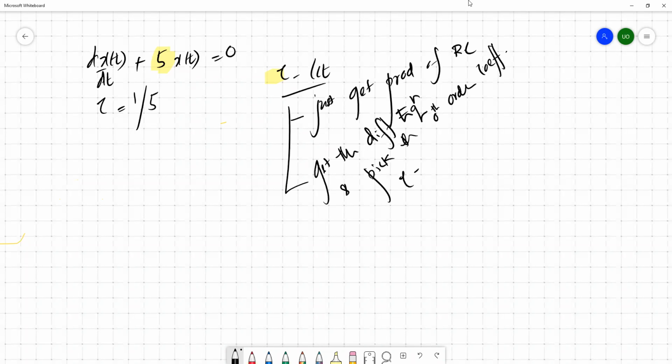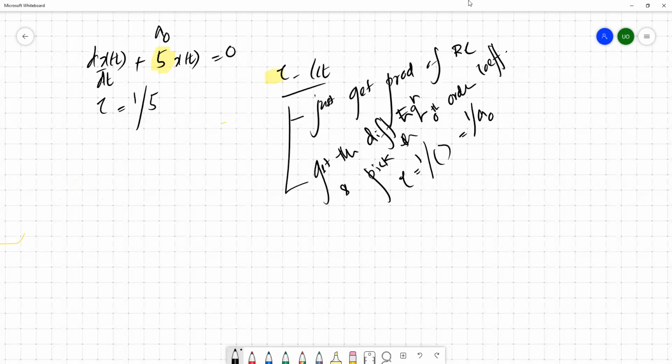Then tau would be 1 over that term. If we call this A naught, this becomes 1 over A naught. So this is the time constant.